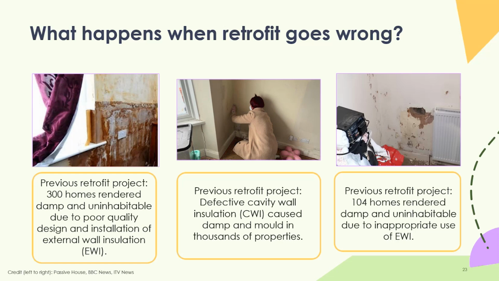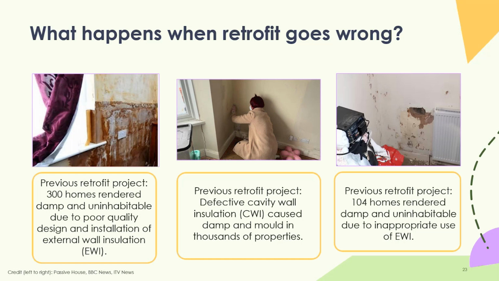A lot of cowboy installers of CWI back in the day, so it's quite common to find defective CWI. But you can also get where it's not been installed properly, and it's really patchy inside the wall, and then you get lots of cold spots because some bits of the wall are warm, others there's no insulation.